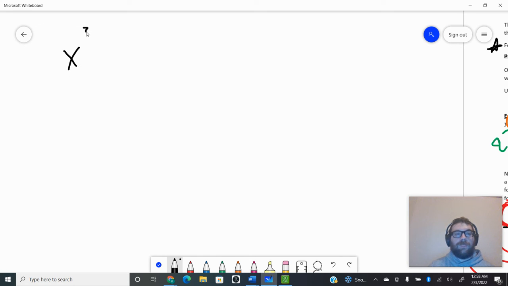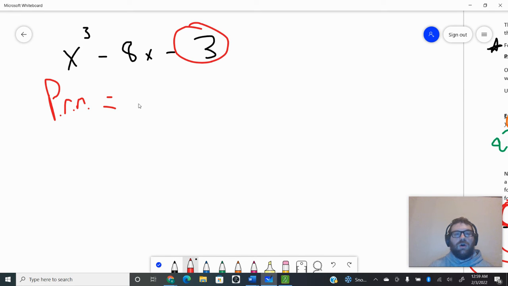So we have x to the third minus 8x minus 3. So first off, on your homework, I'll ask, what are the possible rational roots? So remember, we'll have plus or minus all the factors of 3.